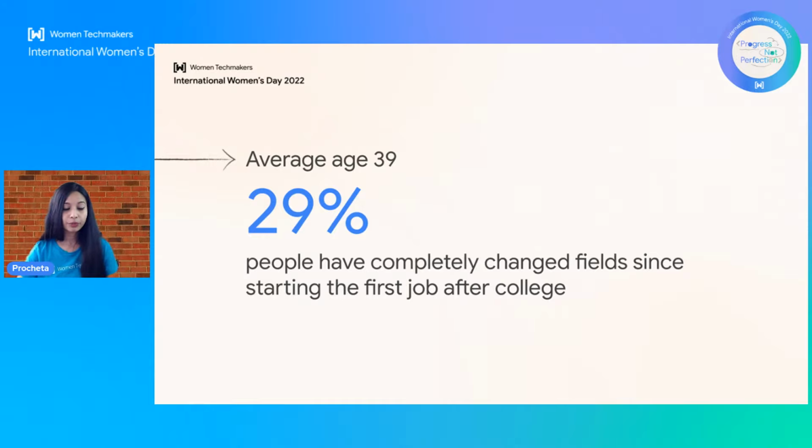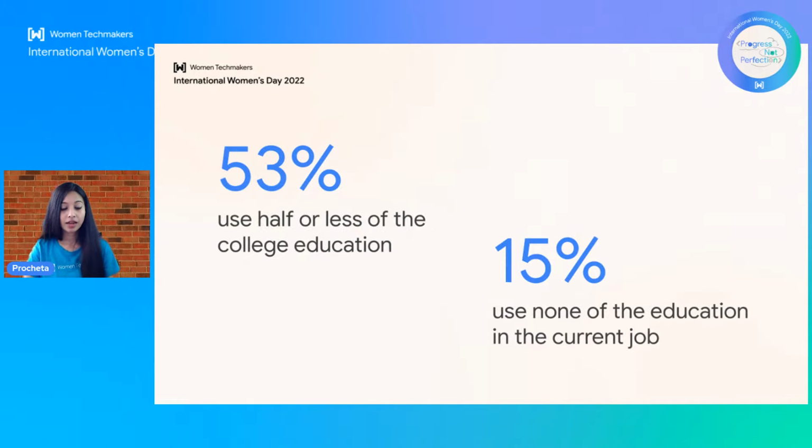As far as we can see, 29% of people have totally changed their field since they started the first time after college, and among them, only 15% are not using any of their education in their current job, and about 53% are using half or less of their college education in their current job.